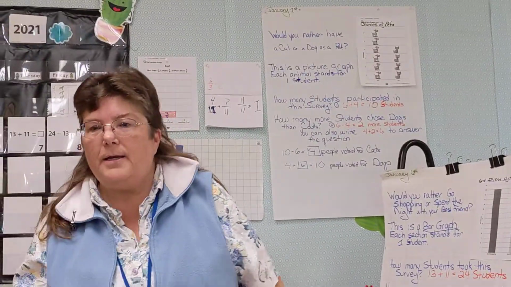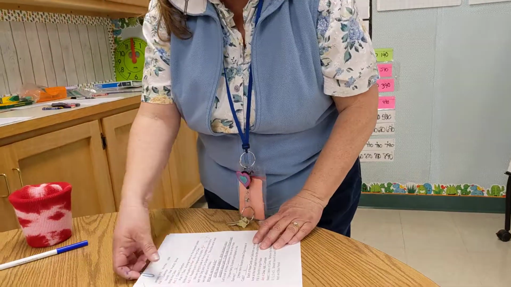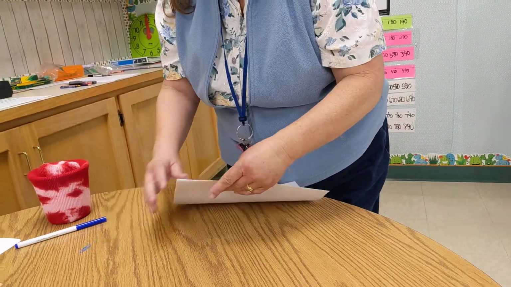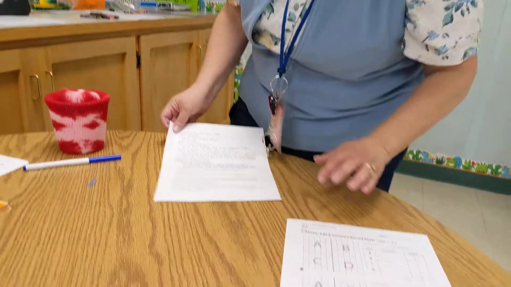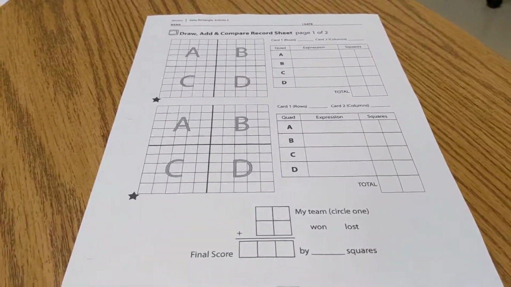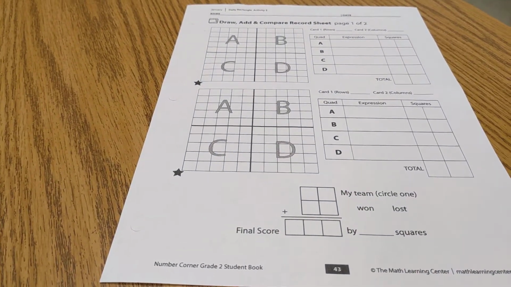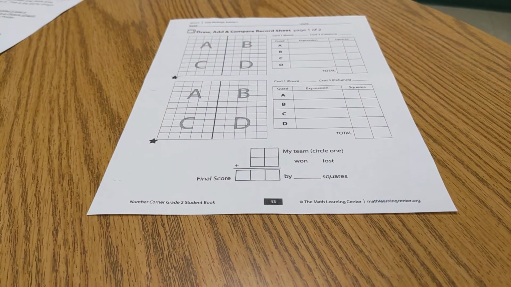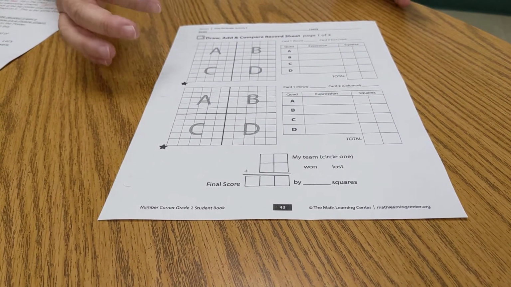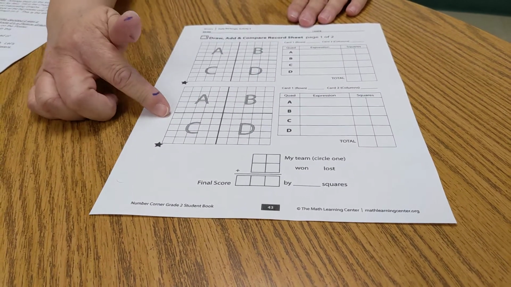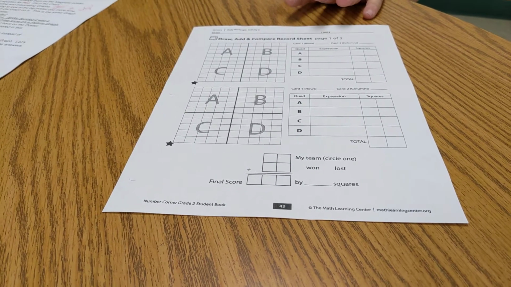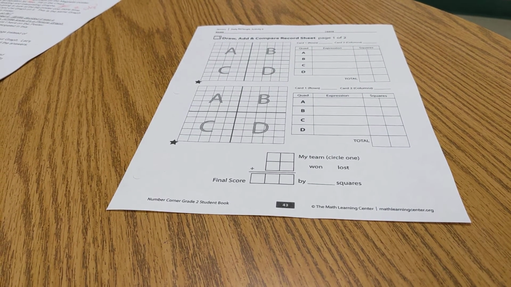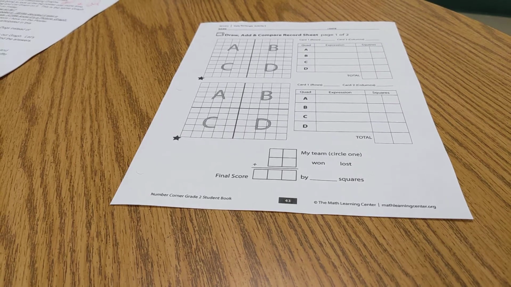We have one last game to play today, and that game goes with our hundreds grid. And we've been kind of playing these types of games where we do rows and columns. But today, I'm going to be the top one, and you're going to be the bottom one, and we're going to see how many we actually are going to fill in.